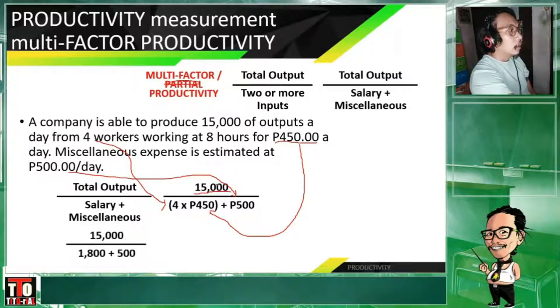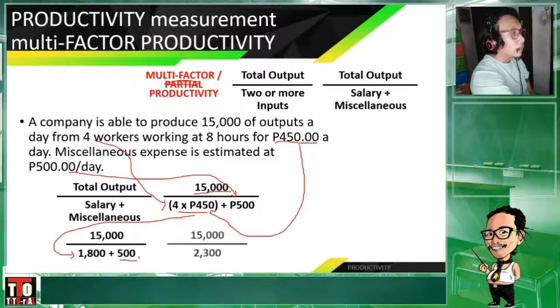Now, 4 times 450 is 1,800 plus our miscellaneous of 500. Now, we will have 1,800 plus 500 is 2,300. Now, let's divide our output, the 15,000, over our salary plus miscellaneous expense, which is 2,300.